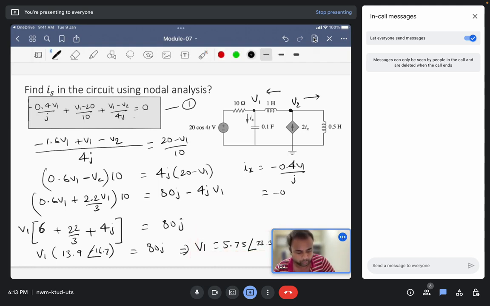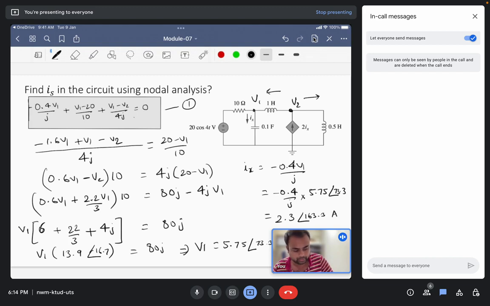So minus 0.4 by J times 5.75 angle 73.3. So multiply minus 0.4 divided by J. So this is 2.3 angle 163.3 degrees.